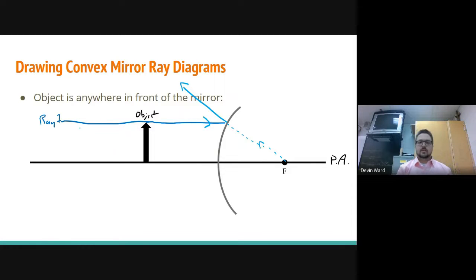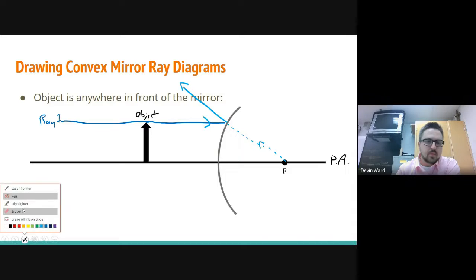So ray one comes in and then gets reflected away, but the reflected ray lines up with the focal point. Okay, so that should all be a straight line. With your ruler, you can make it straight. If this program had any kind of straight line, I would use that, but I can't get it to work. Okay, so it should be all straight lines. Okay, so it looks like it came from the focal point.